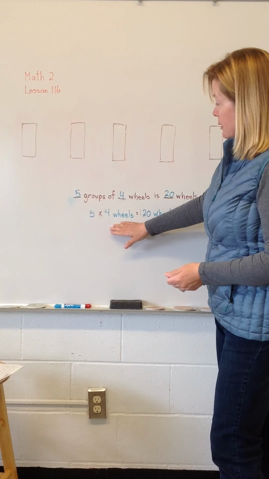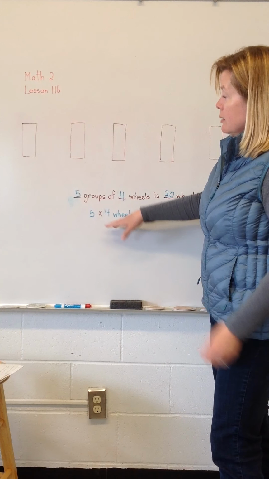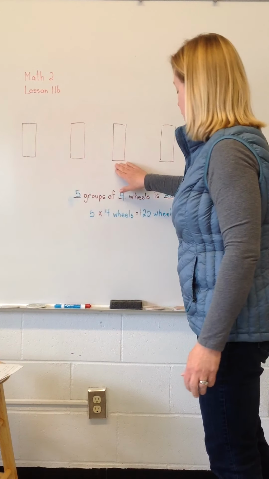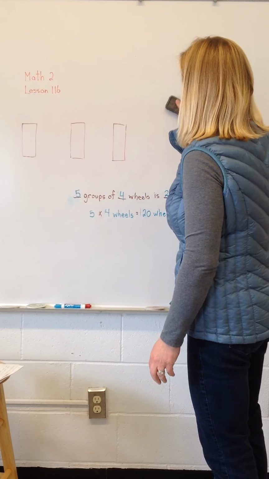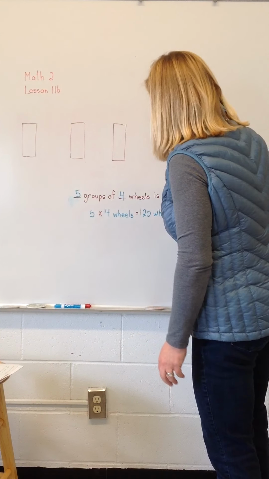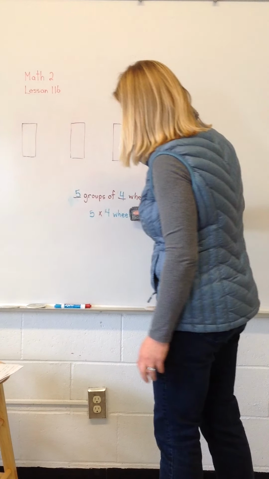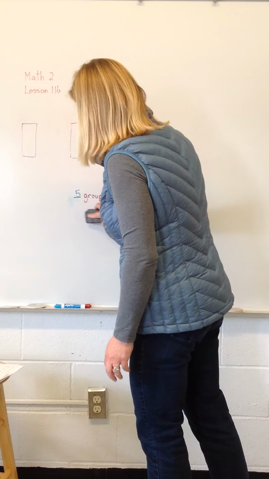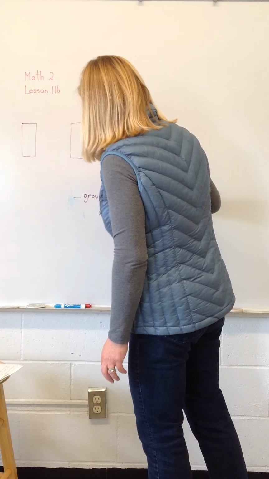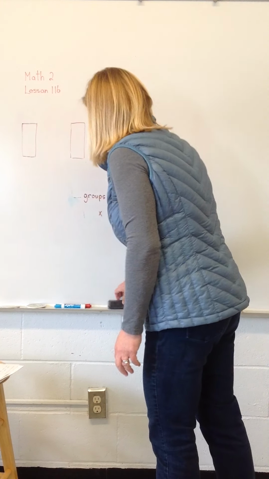While I'm erasing this, could you make sure that in box 2 you have 3 rectangles? So I'm going to erase 2 of mine. And I'm going to change my labels. That has to go.